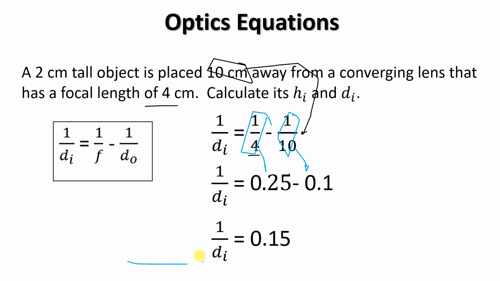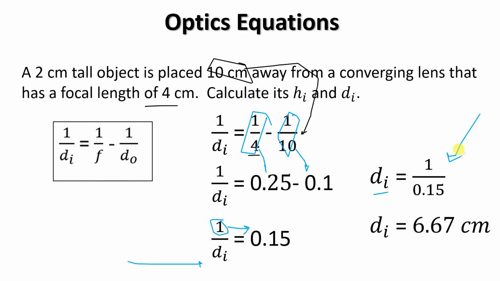Now we want to solve for DI, so we're kind of moving this 1 over to this side. So the distance of our image is equal to 1 over our answer. If you take your calculator and go 1 divided by 0.15, you get 6.67 centimeters. So that's how far away our image is from the lens.